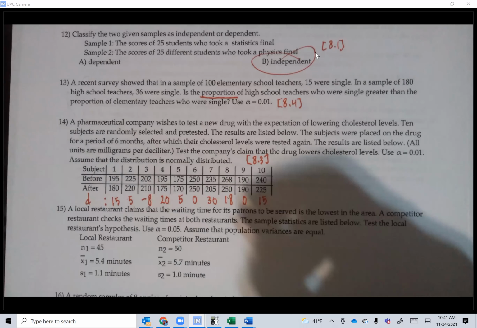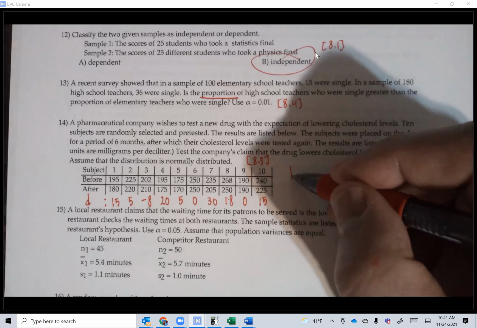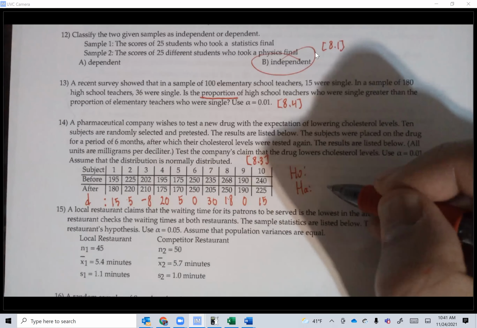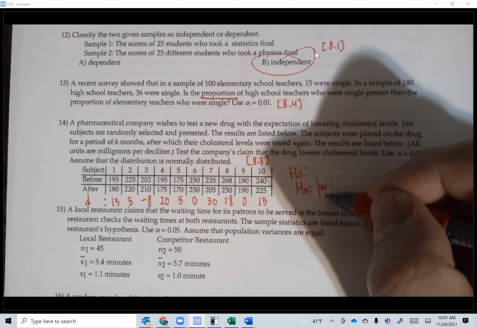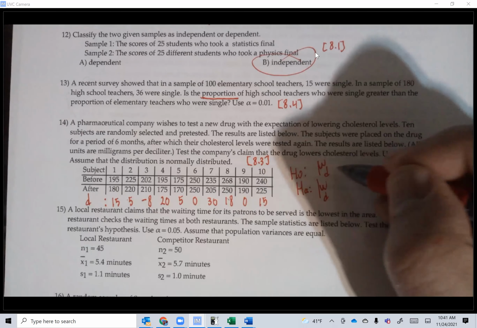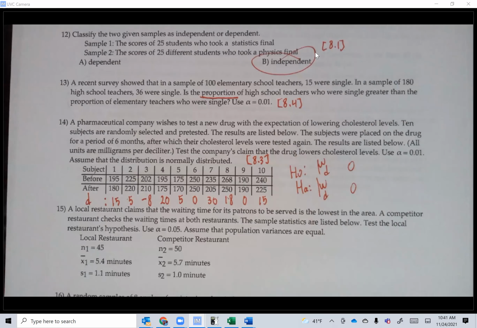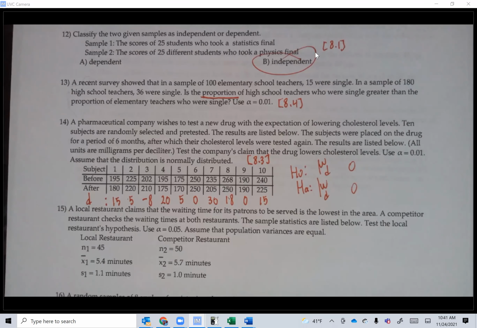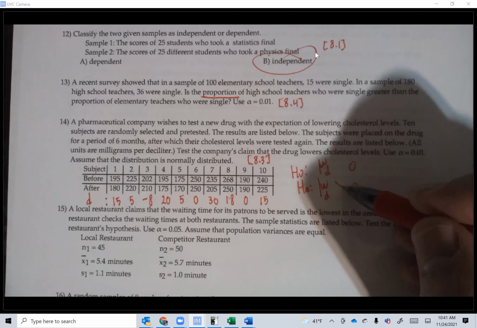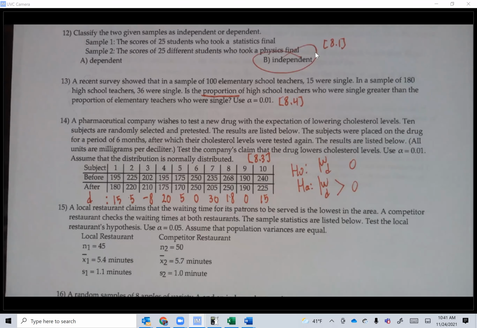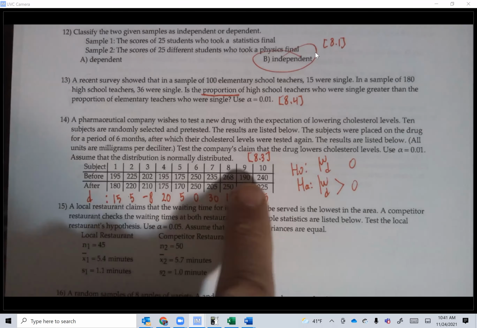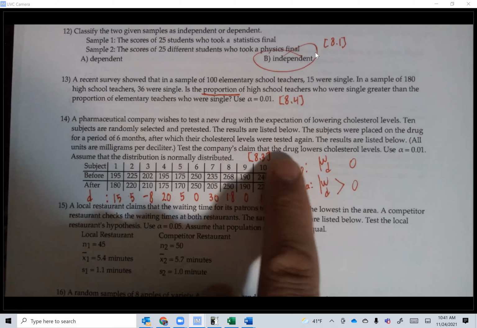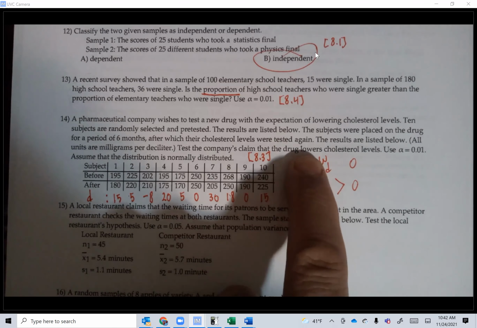So now you know what you're going to test. When you set up the null and the alternative hypothesis, guys, you want to test the mean of the difference. We call it mu of D against 0. You put 0 and 0 here. Since we agree that we want the difference to be positive, remember what I said in class on Monday: it's always the opposite of what they say. Lower means decrease.